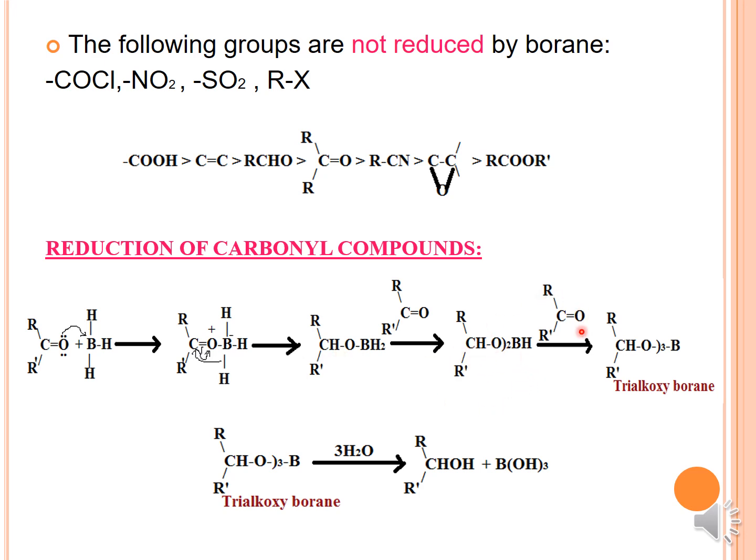Again, when it attacks one more ketone molecule, that is, a carbonyl compound, you will get trialkoxyborane. Upon hydrolysis, the trialkoxyborane will result in alcohols with the cleavage of boron trihydroxide.